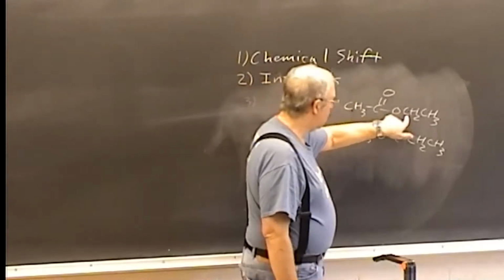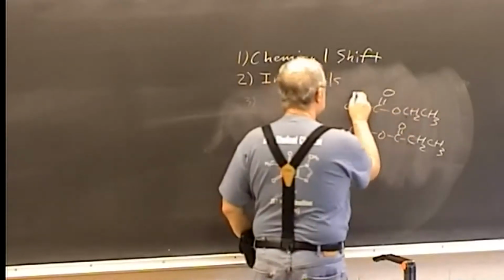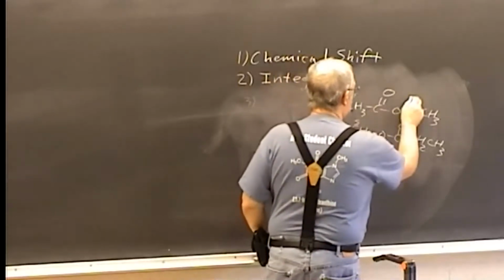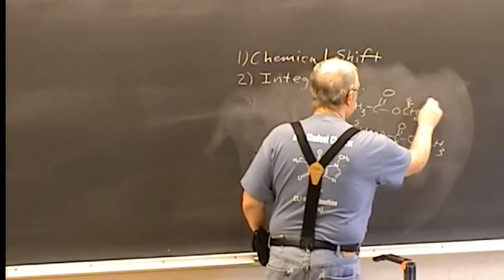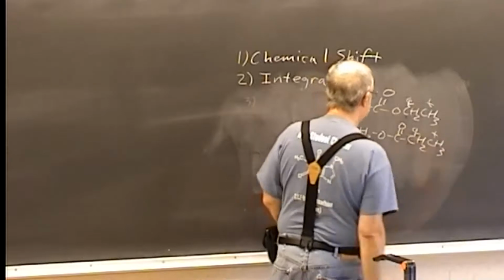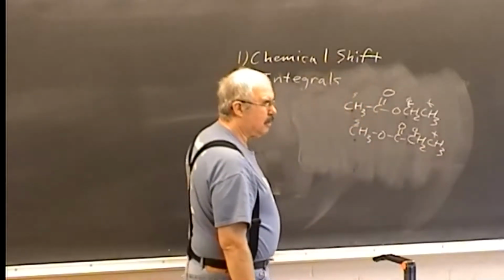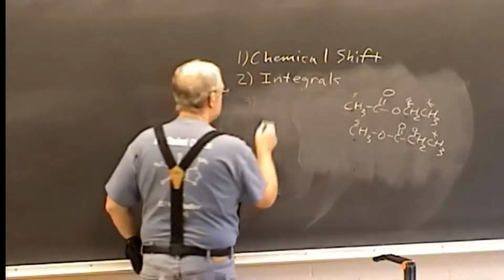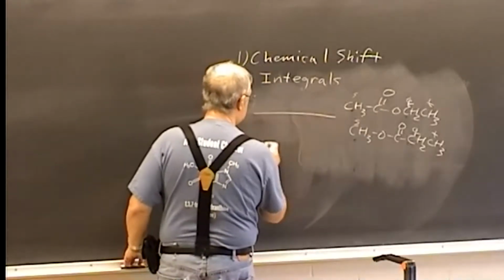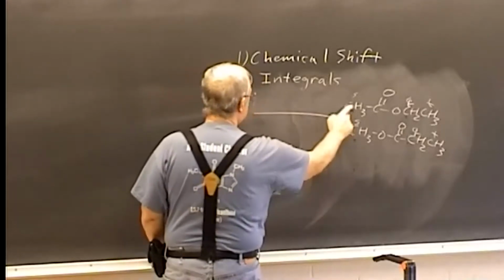This would be a quartet, since we have 3 neighbors. This would be a triplet. So singlet, quartet, triplet, singlet, quartet, triplet. They would have the same splitting pattern, but we could distinguish between those two based on chemical shift.